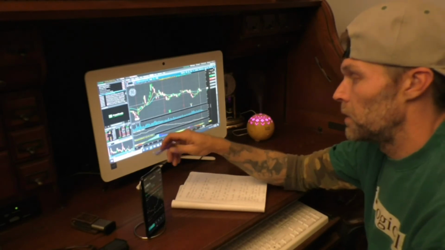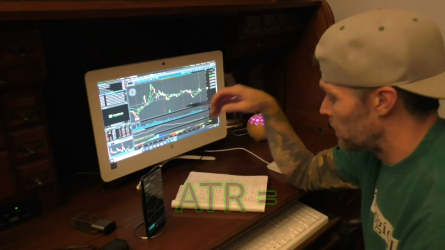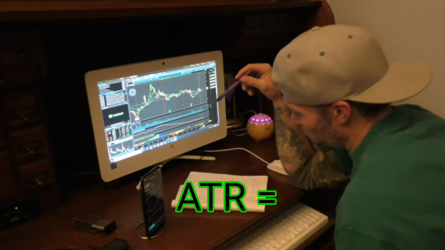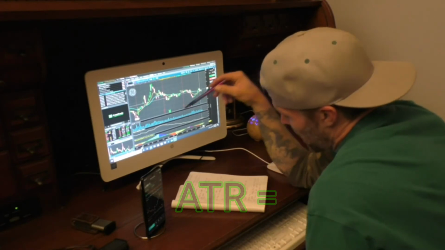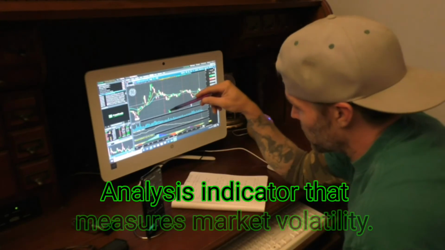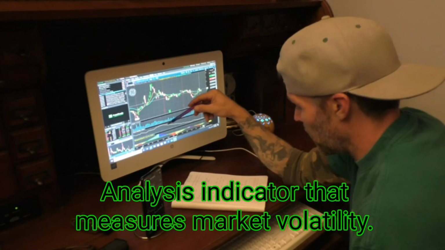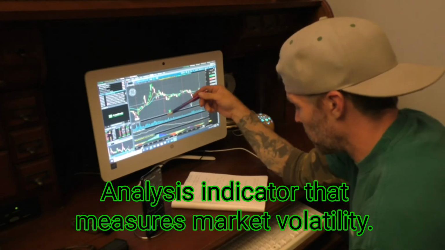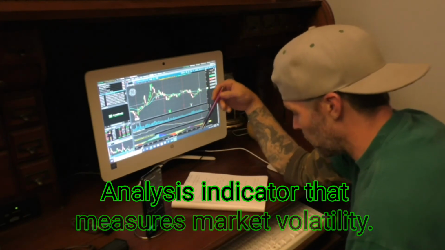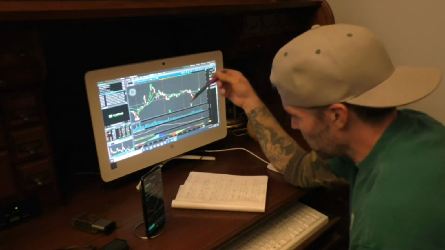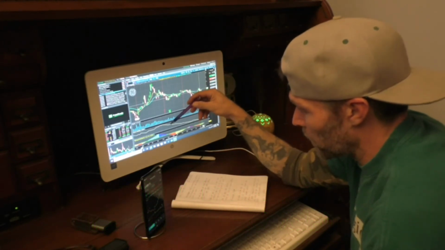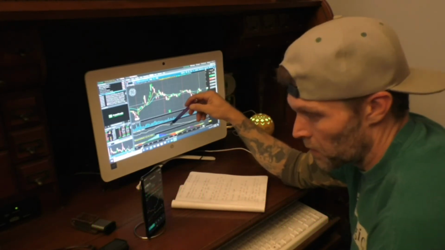So basically this line right here, the ATR, is an analysis indicator that measures market volatility, and it does it in 14-day periods. So intraday, daily, weekly, monthly. It basically is going to show us where and how to set our stop losses and our limit gains.